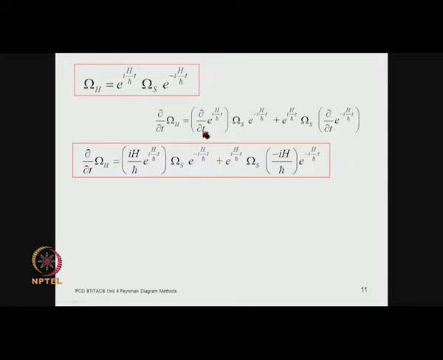Okay. So, now let us take these derivatives. So, you will get i H over h cross here, and you will get minus i H over h cross here. So, now you have got these two terms, the third term is missing because omega S is independent of time. Now, you have got these two terms, and let us write them in a slightly different way because the operator products are associative.